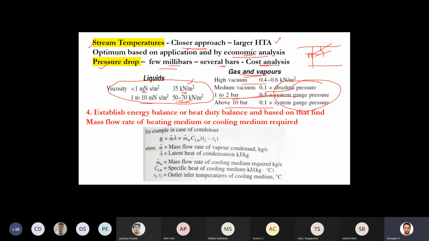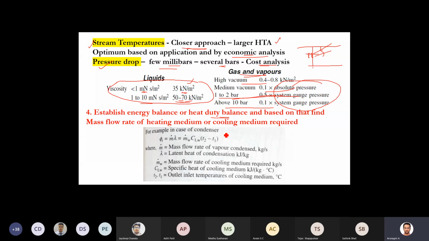Okay. So the third step is that once you know the heat duty, then you have to make the energy balance. Based on the energy balance, whether it is heating medium or cooling medium, whatever you selected for the process fluid, the inlet temperature is known, the outlet temperature is unknown.